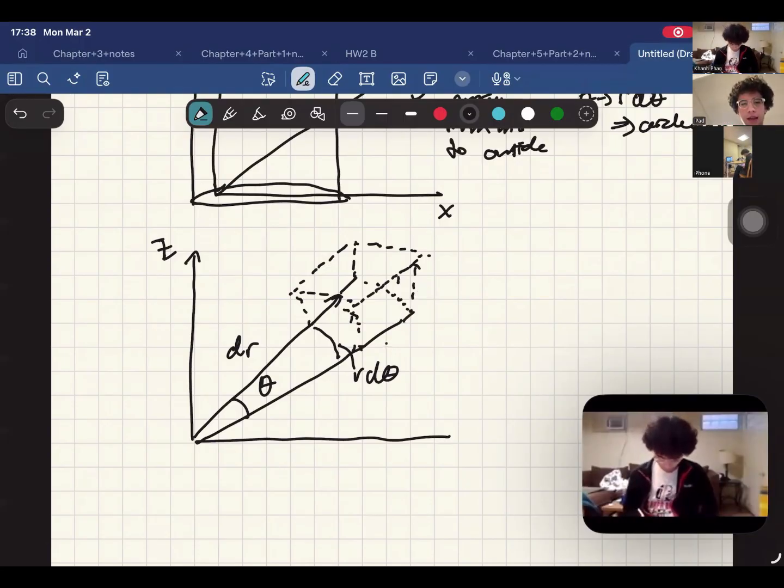So dz is gonna go this way. This is the dr direction, and dz is something like this, the height, and d theta is over here.